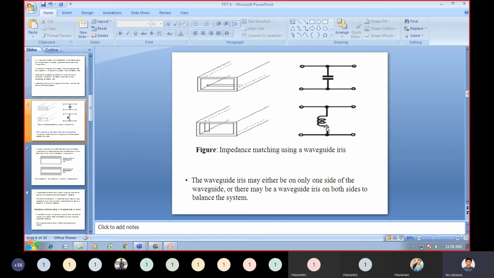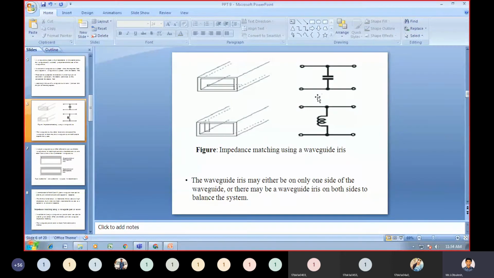If you want to keep an inductive waveguide iris, you need to place it into the magnetic field.